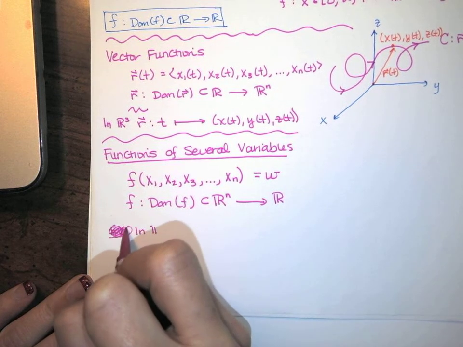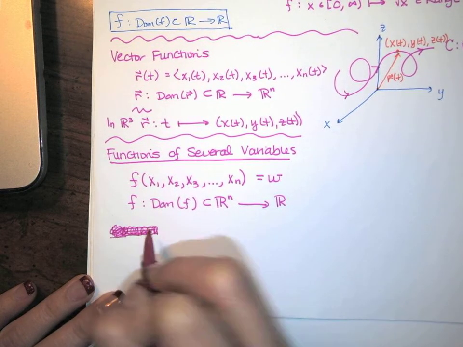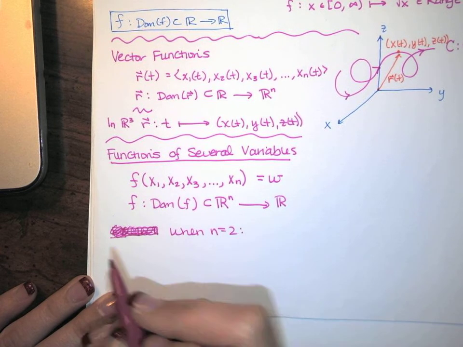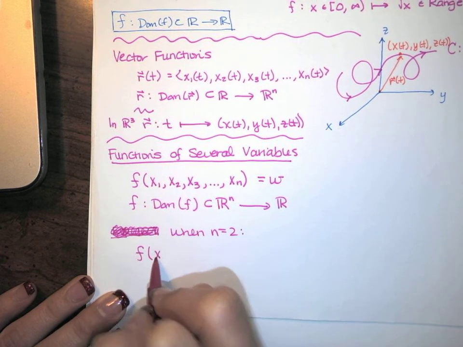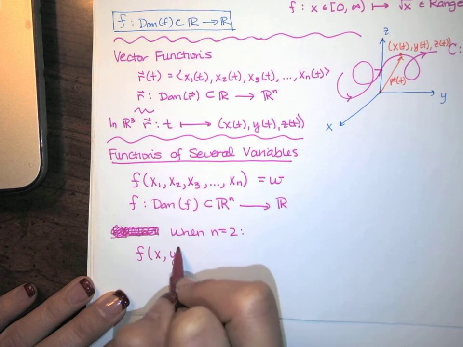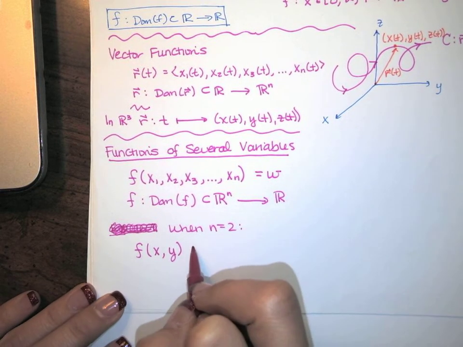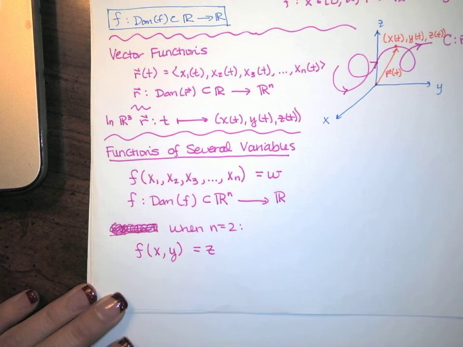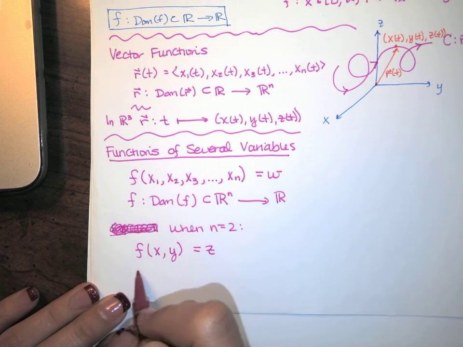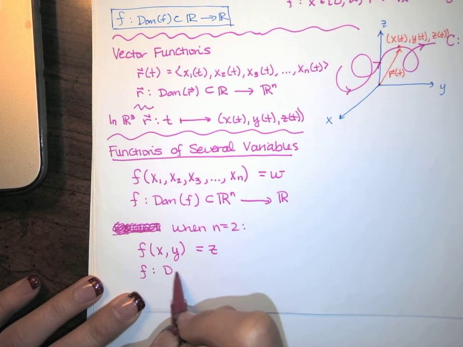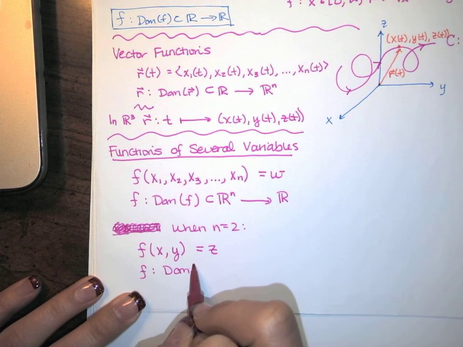this is what we've got. Instead of calling them x1 and x2, we call them x and y. So I have f of x, y equals z. So this is taking a point in the domain of f.